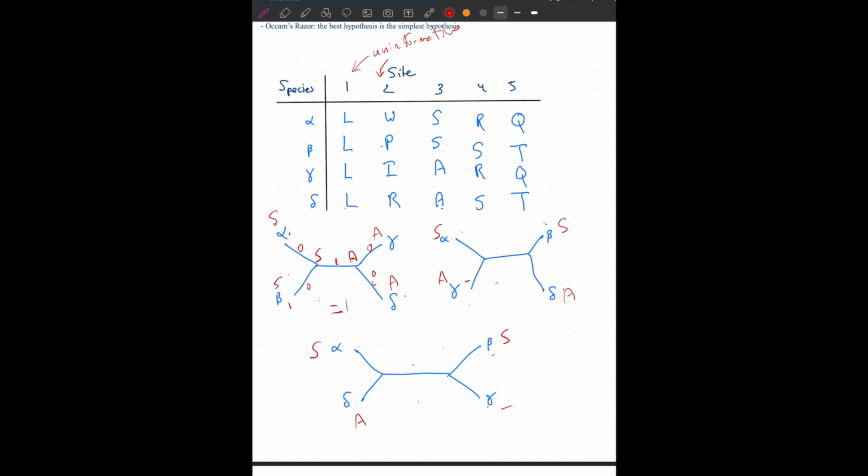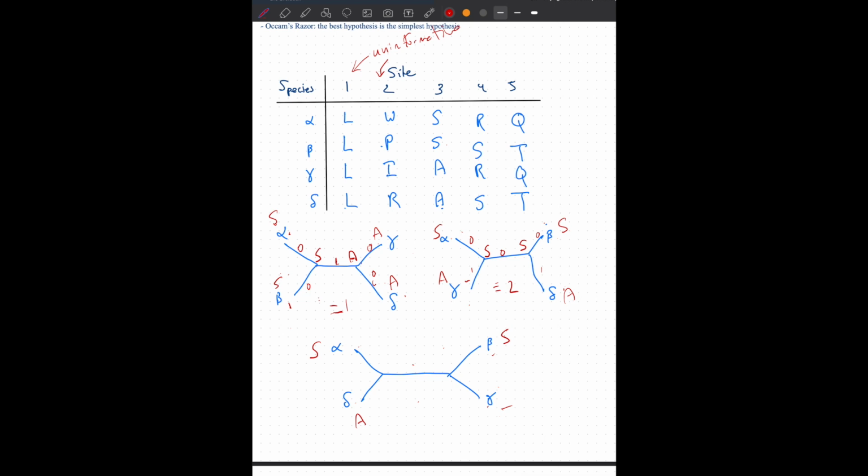S and A, well, I don't know what to put. I could put an S there. It's arbitrary. Again, over here, S and an A, I could put an S. That would make sense, because this guy has an S. And so the score is 0, 0, 0, 1, and 1. So my score overall is 2, right?